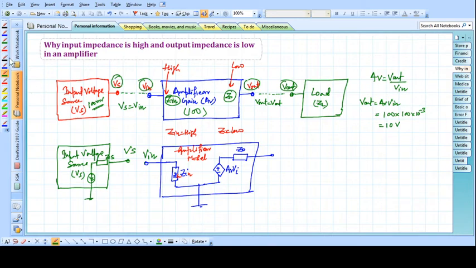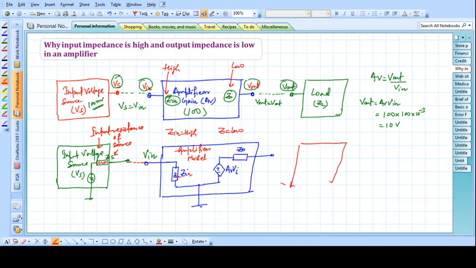Just remove this, and this will be your Zs, because any source has some resistance. The resistance of the source is our Zs. Okay, so this is a practical diagram.